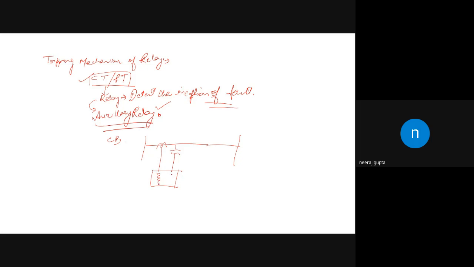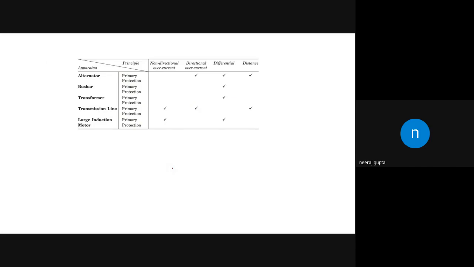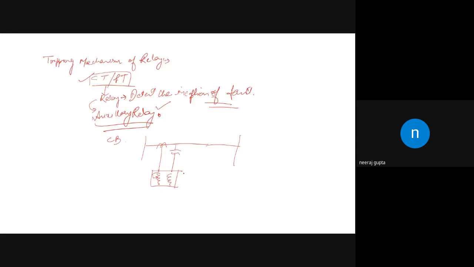One is known as the current coil and the second one is known as the potential coil. The CT is connected to the current coil of the relay, and the PT is connected to the potential coil of the relay. Let the relay be represented by R. This is the main relay.